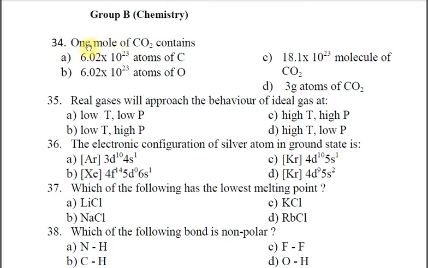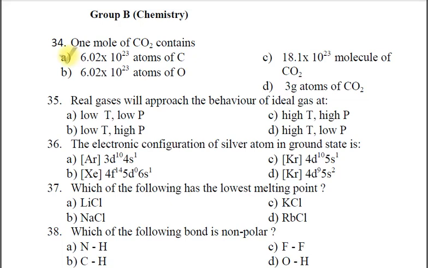The first question says, 1 mole of carbon dioxide contains: A, 6.02 into 10 raised to power 23 atoms of carbon. B, 6.02 into 10 raised to power 23 atoms of oxygen. C, 18.1 into 10 raised to power 23 molecules of carbon dioxide. D, 3 gram atoms of carbon dioxide.